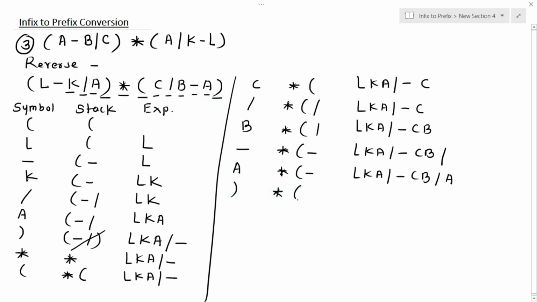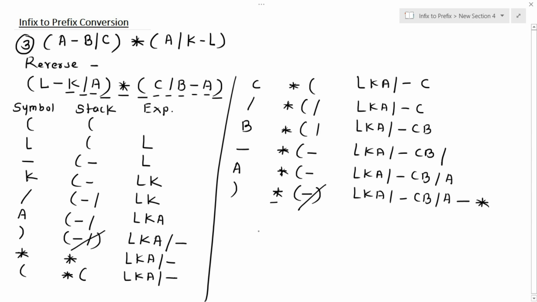So here we have multiplication left parenthesis minus right parenthesis, and the expression as it is. Okay, now the minus comes in between left and right parenthesis, so it gets cancelled. So the minus is placed here in the expression, and we have only one operator left in our stack, so it again gets popped and inserted into the postfix expression. So this is our final answer.